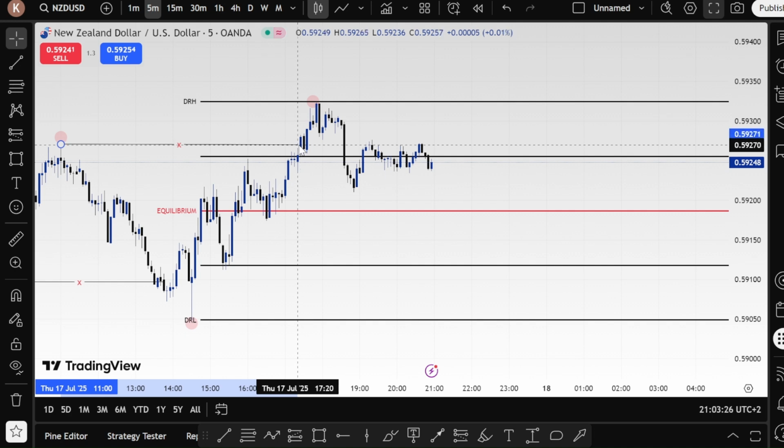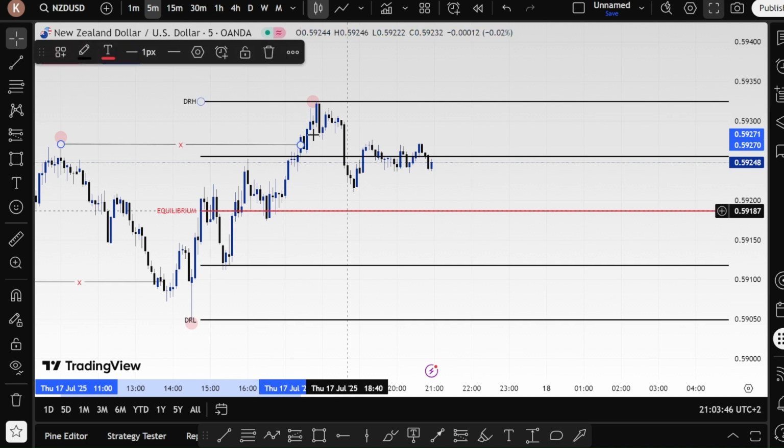Because if New Zealand dollar has made a high, has made a DRT, maybe it hasn't made a high, then went down, still pushing up in continuity, because you can see this made a reversal at this. You can see the New Zealand made a reversal here, which is a pullback.